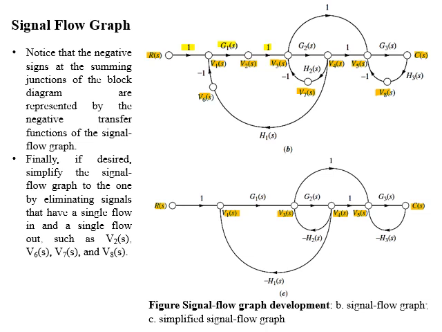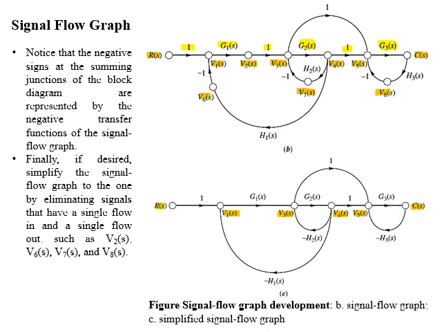V4(S) is connected to V3(S) with branch gain G2(S). V5(S) is connected to V4(S) with branch gain 1, and the output node C(S) is connected to node V5(S) with branch gain G3(S).